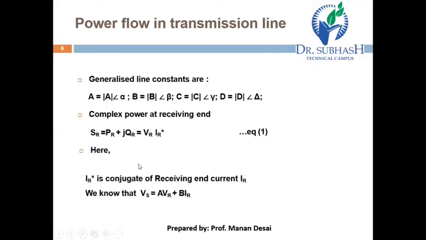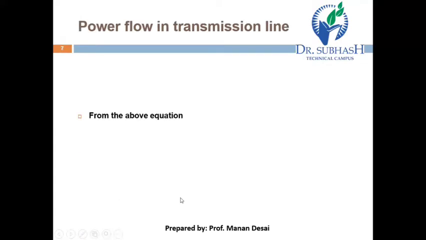Here, IR conjugate is the conjugate of the receiving end current IR. And we know that VS is equal to AVR plus BIR.